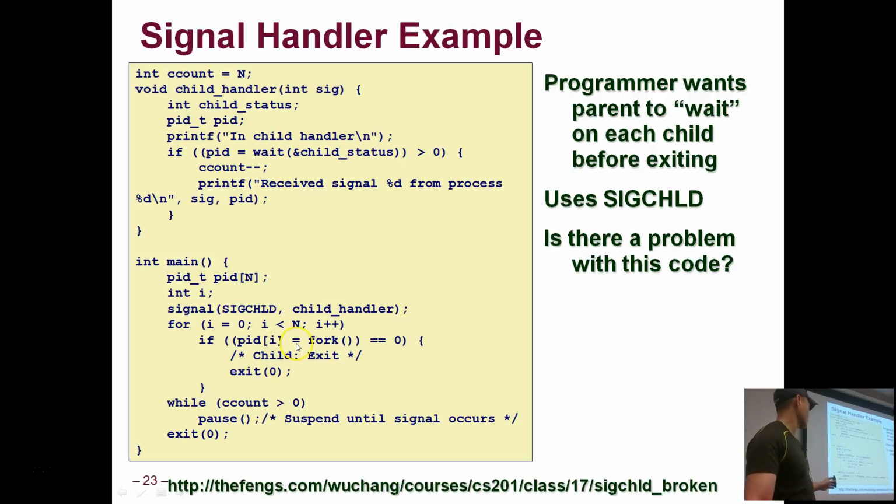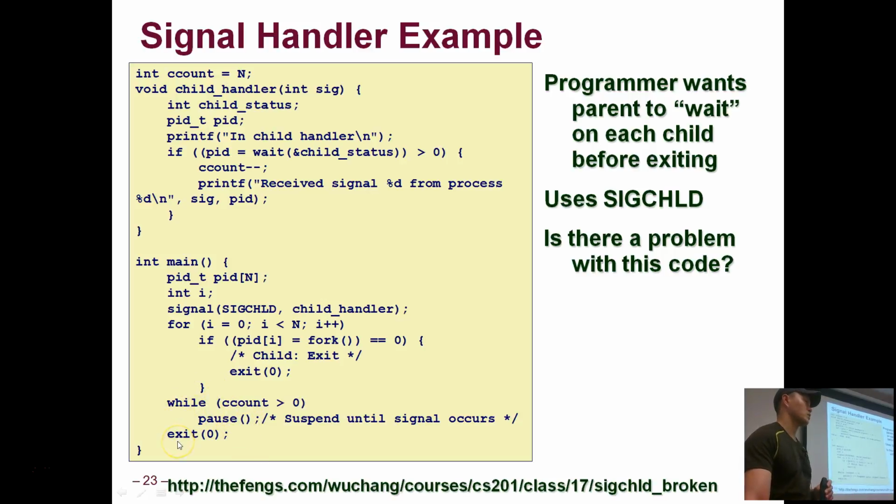Assuming this all works, the fork. Okay, what about the while? This is pausing, and as soon as you get that nth child, as soon as this goes to 0, then this will get out of the while loop and exit.